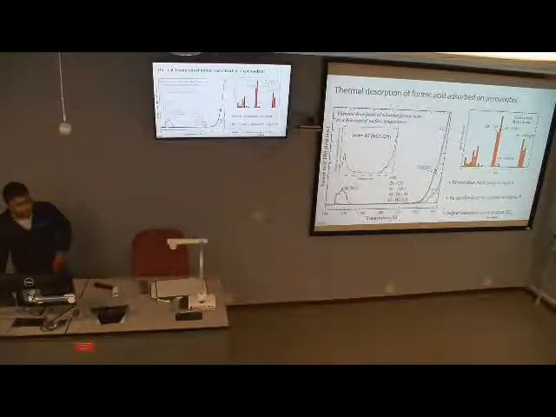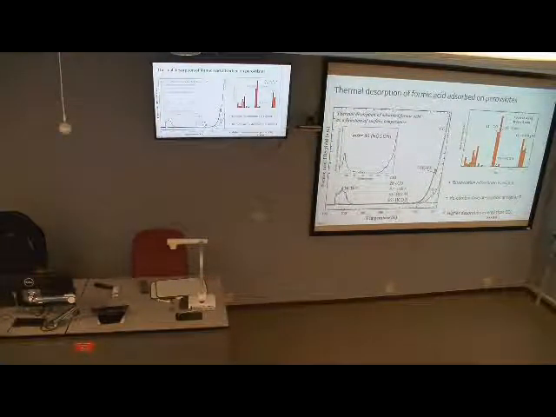On your left side, the bigger figure, it looks like the blue line is HCHO, the product of decomposition, and it is higher than any other products. So you're talking about this fragment, yes.